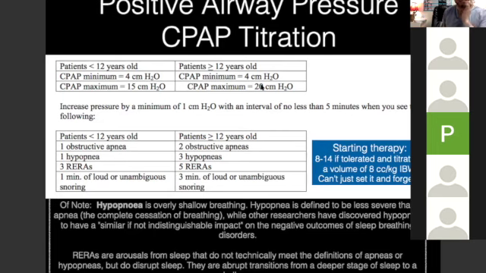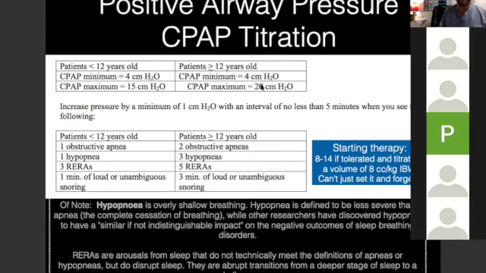Less than 2 obstructive apneas, 3 hypopneas. RERAs are respiratory related arousals, which is basically not quite an apnea or hypopnea, but they wake up a little bit. So anyway, CPAP, you can start it at 8 to 14 if tolerated and titrate to a volume of 8 cc per kilo of ideal body weight.